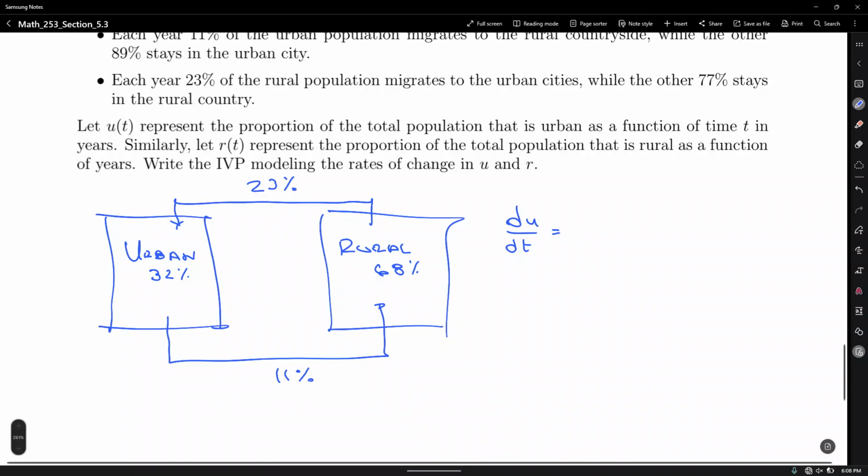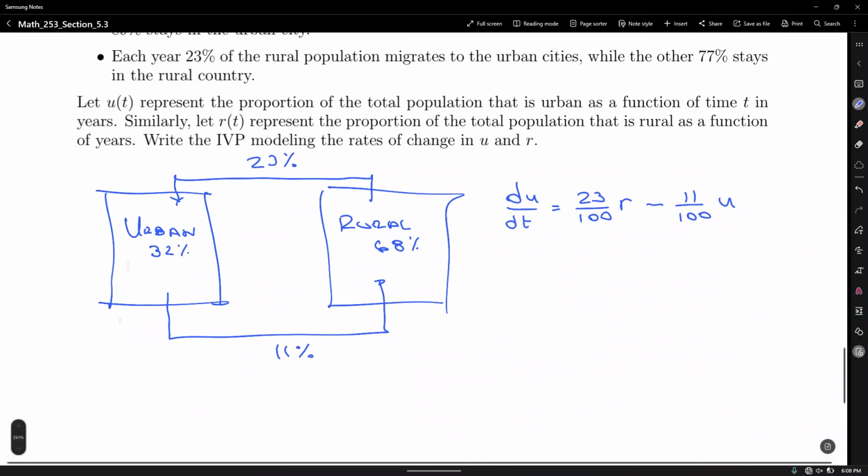So this is what we're going to do. 23 out of 100, 23% of the rurals. And then what's going out of the urban? Subtract. Isn't that 11% of the urban? That is minus 11 out of 100. All right? Are you guys following me here?